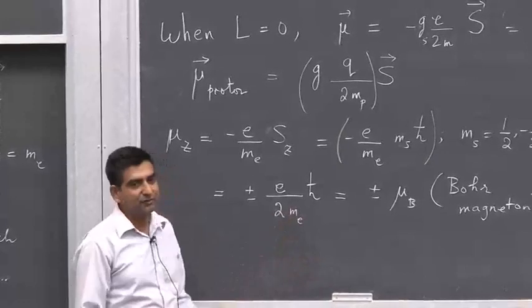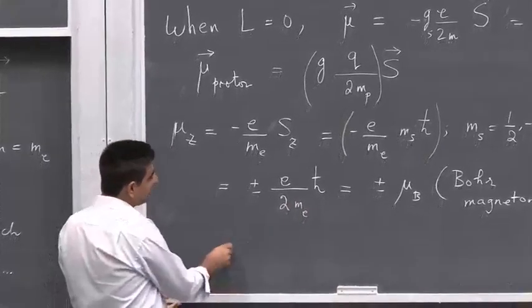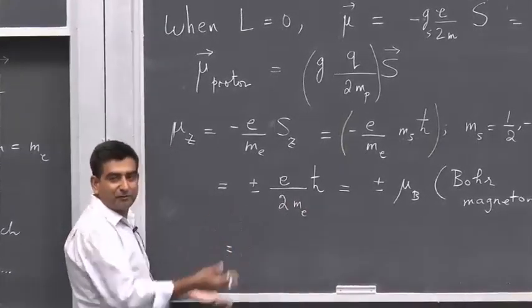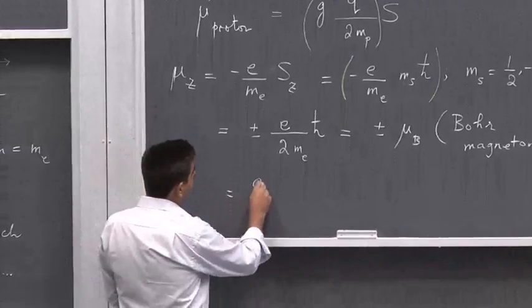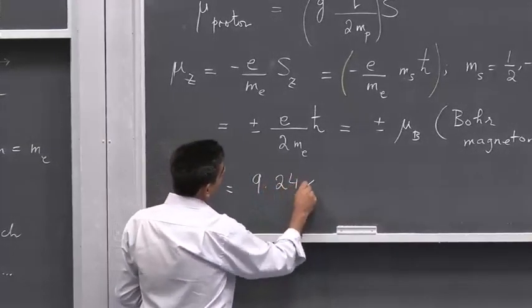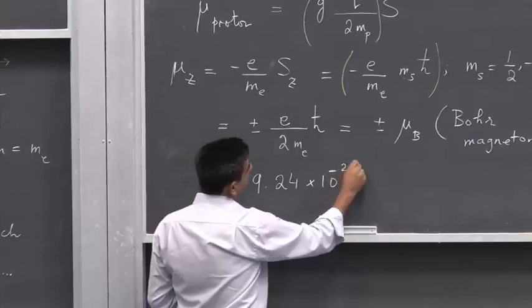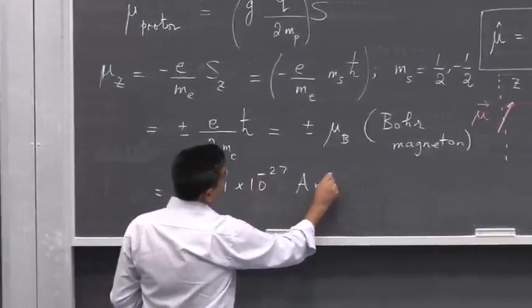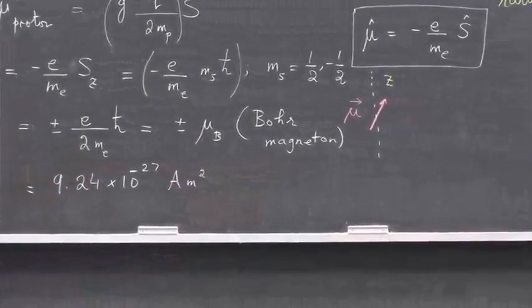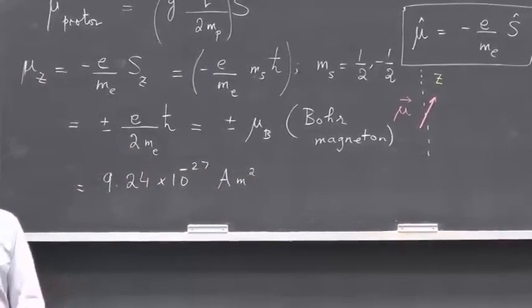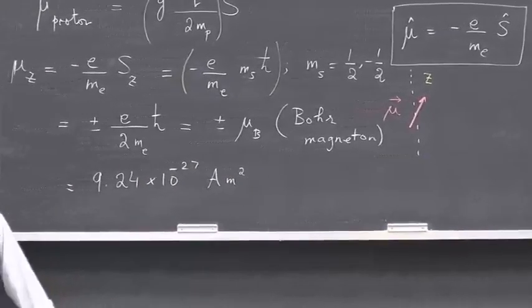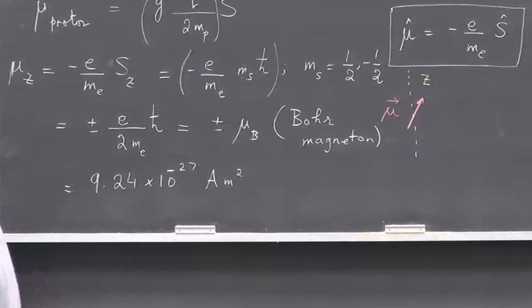So it's like a unit of magnetic moment. Its value is 9.24 times 10 to the power minus 27 ampere meter squared. This is the value of the magnetic moment you would get for an electron, only with its spin. I'm not talking about the orbital degree of freedom.